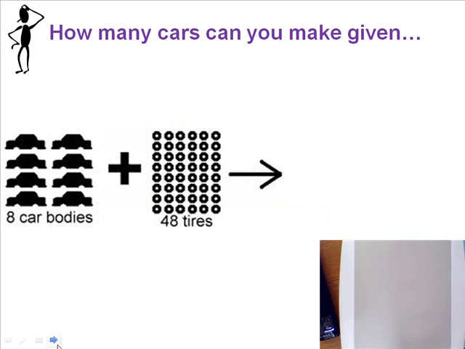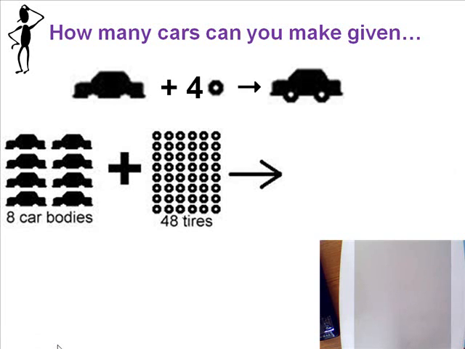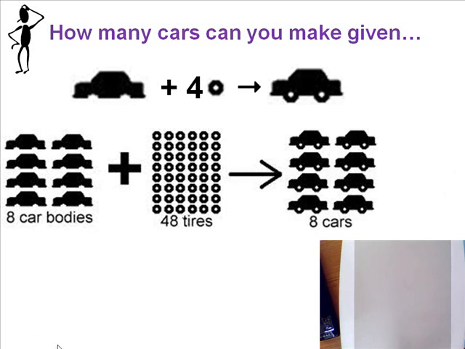Now here's a working analogy. If I have 8 car bodies and I have 48 tires, the ratio is for every 1 car I use 4 tires to make 1 full complete car. Now if you work this out, I can make 8 complete cars because after I make 8 cars I have no more car bodies. However, you will notice I still have 16 tires left over.